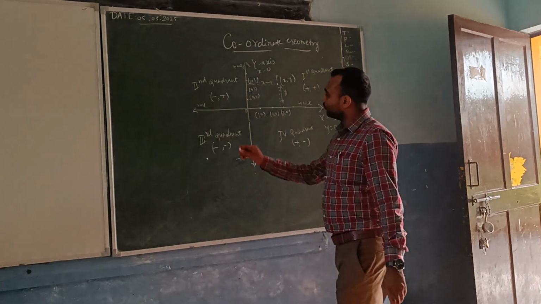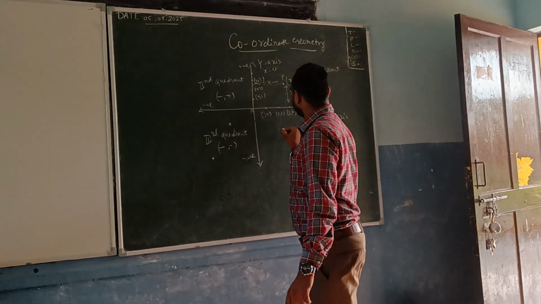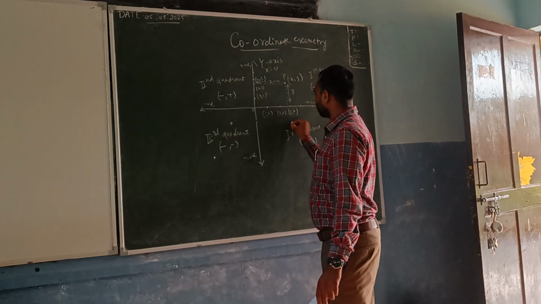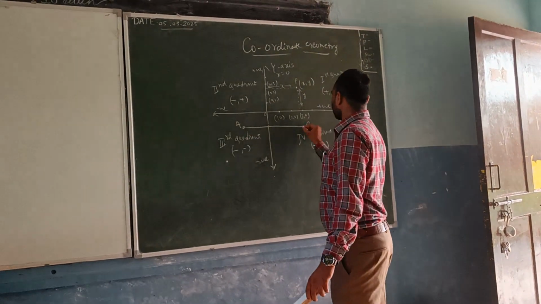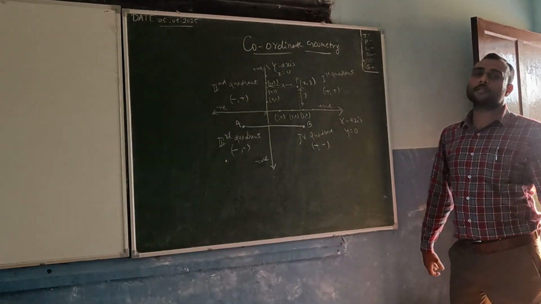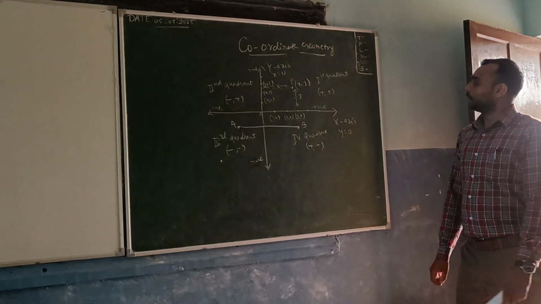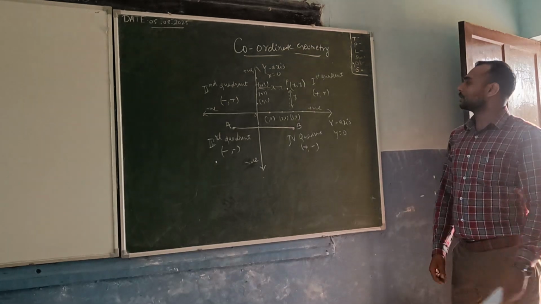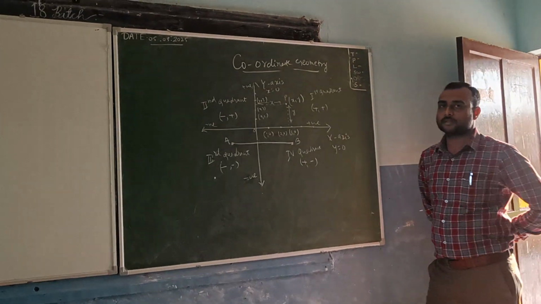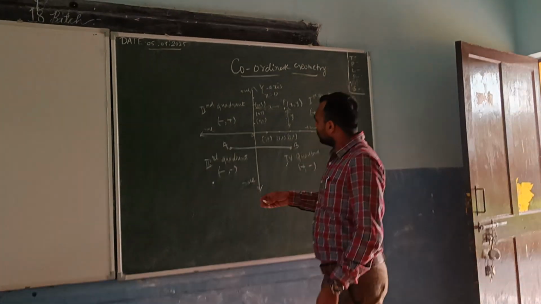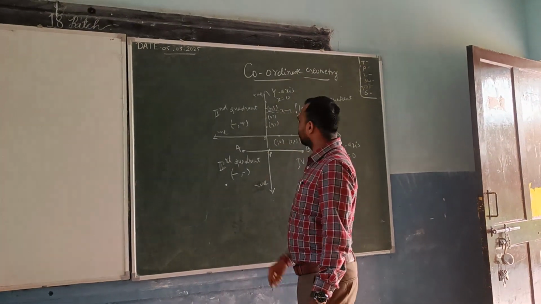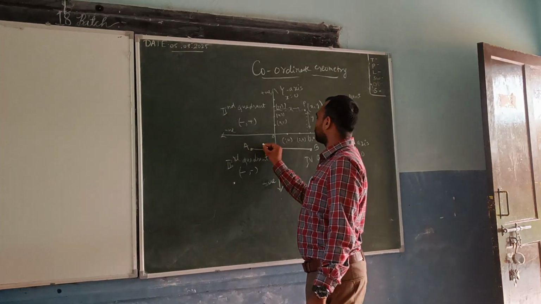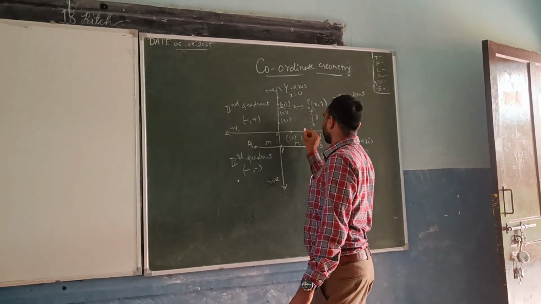Suppose we take a point from this quadrant and a point from this quadrant, what is the distance between these two? We will find this in this chapter. Also later on we will see one more topic, that is the section formula, which gives the ratio in which a point divides a line.